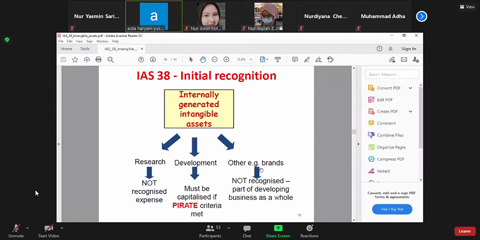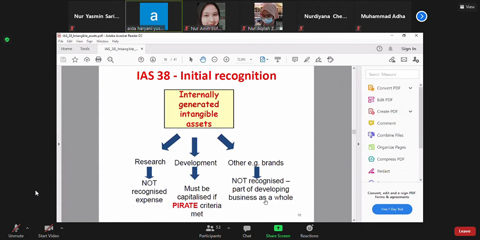Other example brands yang lain not recognized part of developing business as a whole. So kalau brand sahaja, okay, tapi the purpose is not to ada commercial transaction macam cerita macam daging harimau tadi, tak apa sebab dia nak create sales. Tapi ini adalah brand of the company tapi it's not for creating sales.